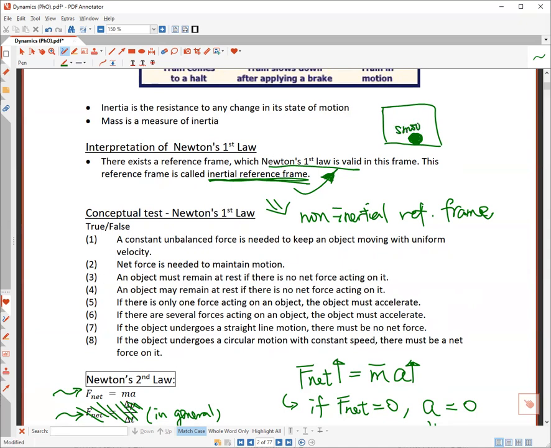Everything is smooth, okay. So let's say when the car is accelerating, how is the ball's motion if you're looking inside the car?